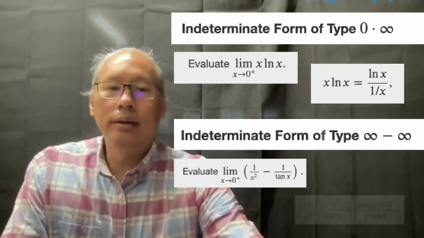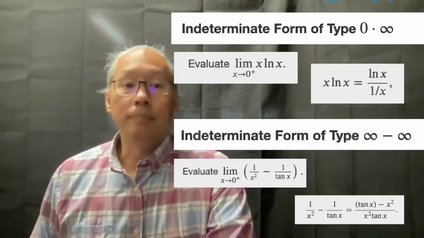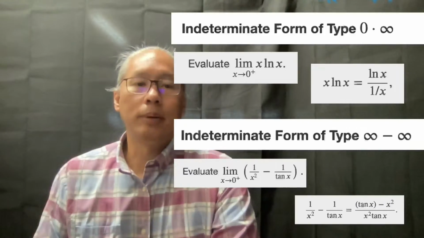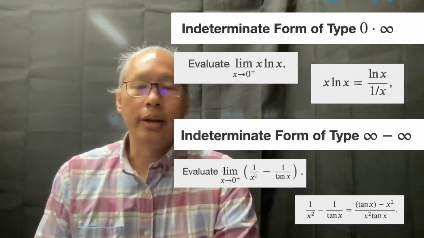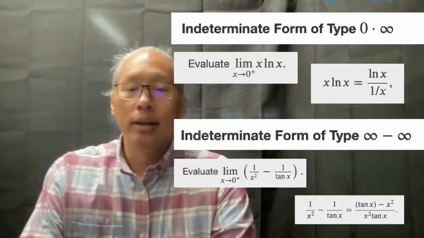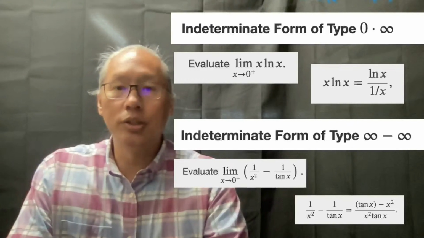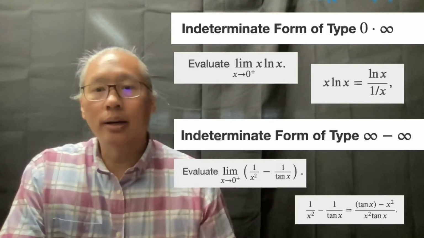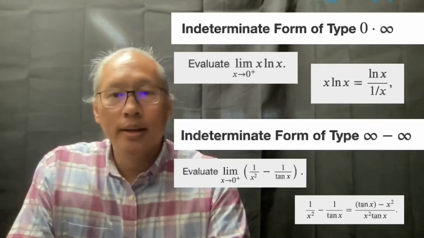By combining common denominators and making it into one fraction, you'll see that this new fraction will have tangent x minus x squared divided by x squared times tangent x. And if you put 0 in there, now you have something of the form 0 divided by 0, which is the first of the two kinds of indeterminate forms that we saw where you can actually apply L'Hopital's Rule directly.